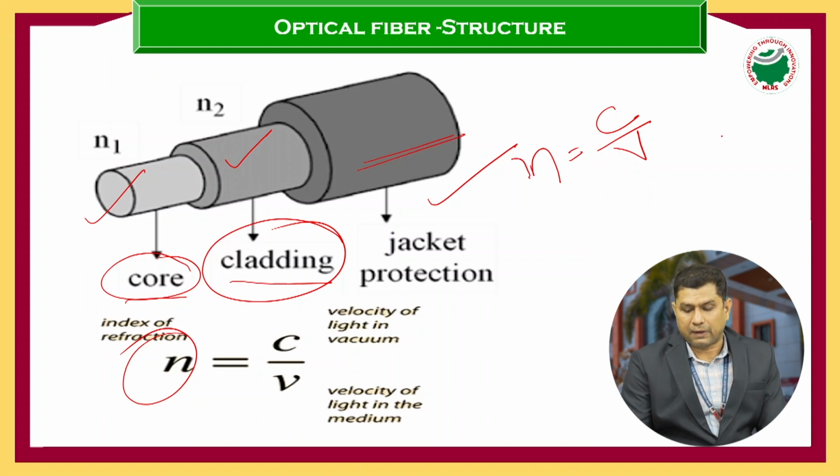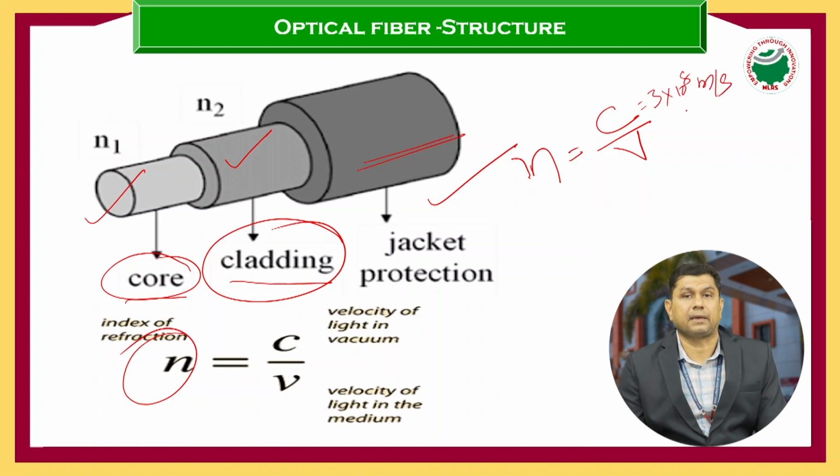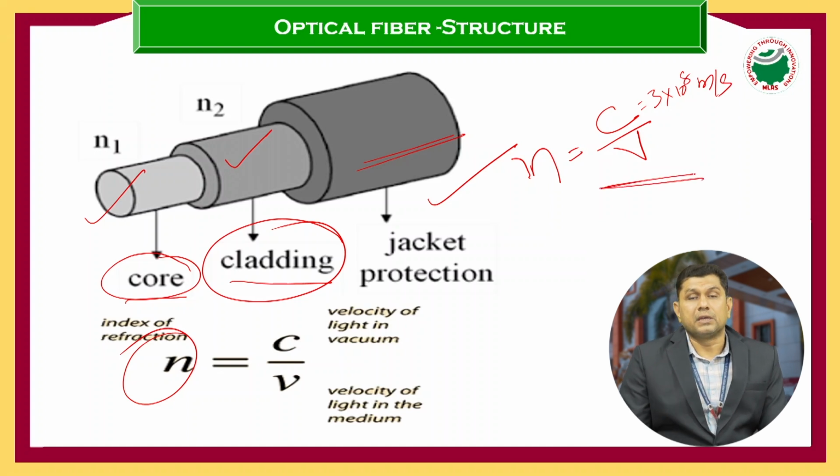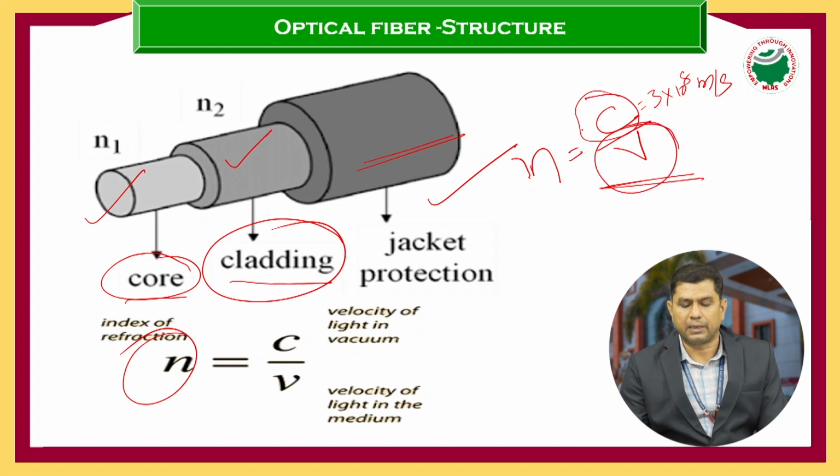The velocity of light in vacuum is always equal to 3 × 10^8 meters per second. When we consider a medium, its speed will be reduced. This ratio is called the refractive index.